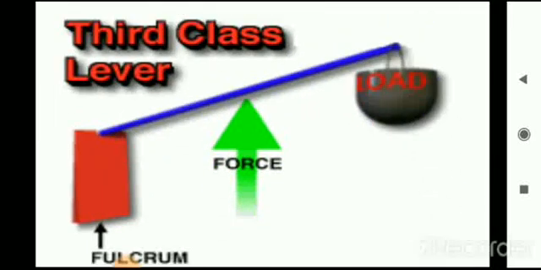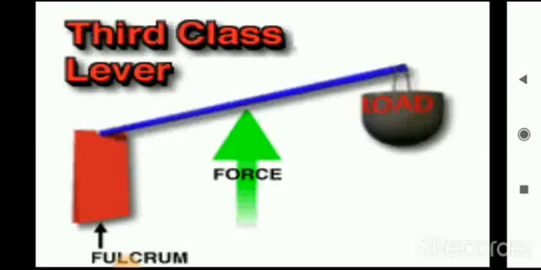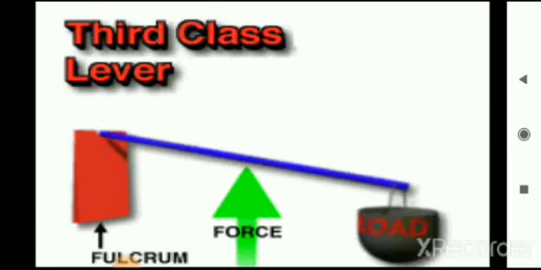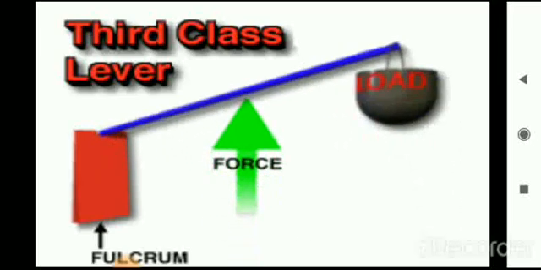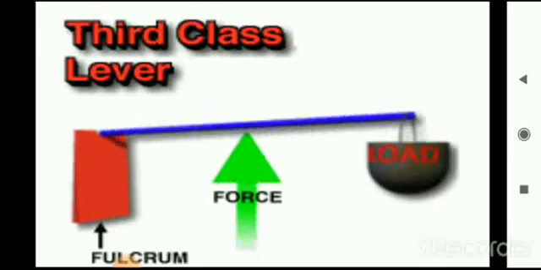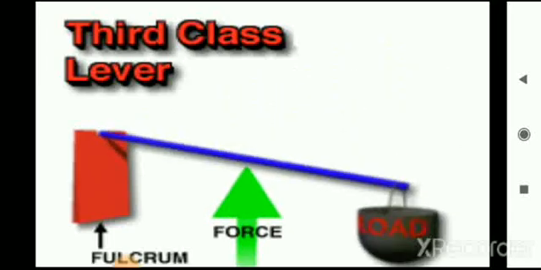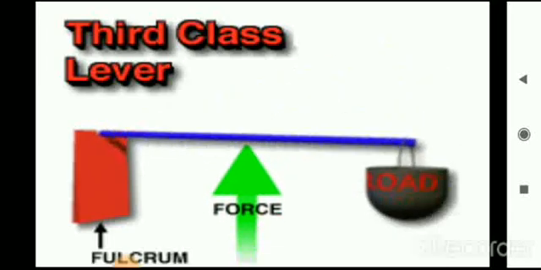In this picture you can see that force or effort is between the fulcrum and the load, right? I am repeating, listen to me carefully. In the first class lever, fulcrum is placed between the load and the effort, right? And in second class lever, load is between the effort and the fulcrum. Clear?